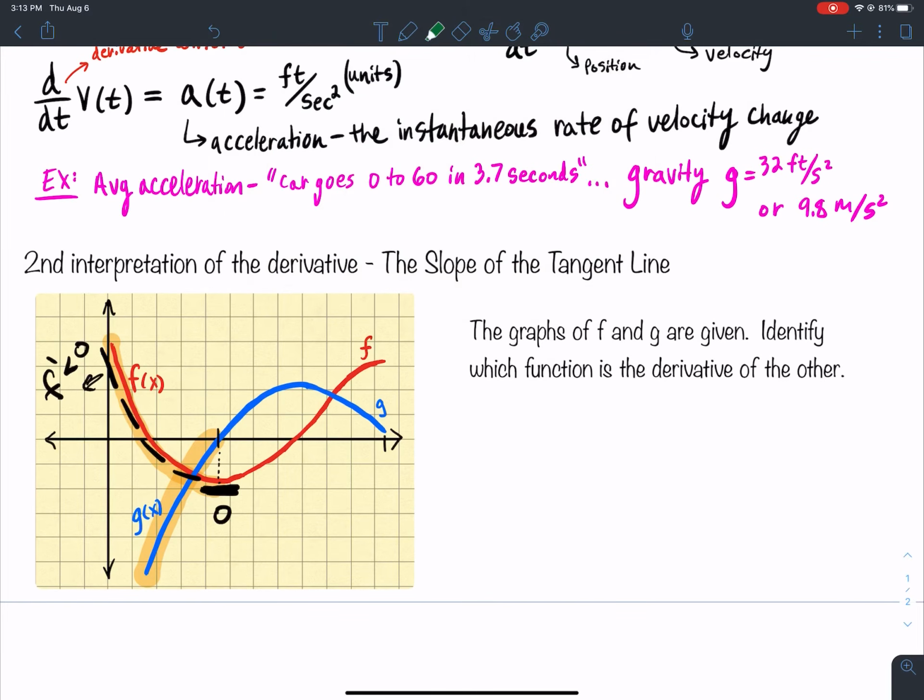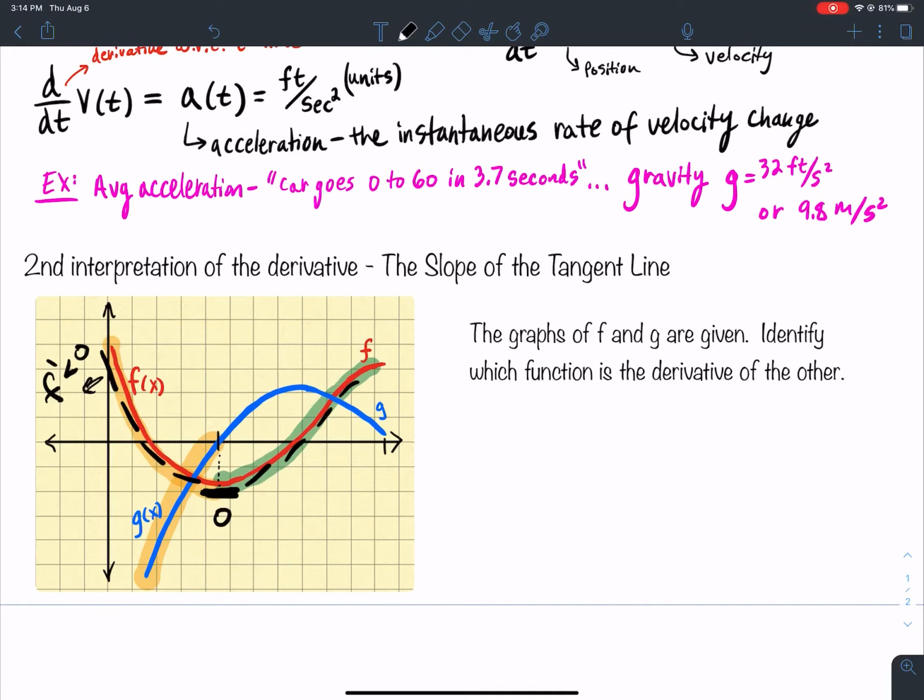But then what happens? Over here on this side, it looks like my slopes are positive, okay? So now I look at my positive slopes, that tells me that f prime is greater than 0. Well, guess what? At this part right here, f prime is positive, okay? Even though it looks like it's heading back to 0 here. But as you can see right here, my g function is actually equal to 0, but this here has a slope 0.